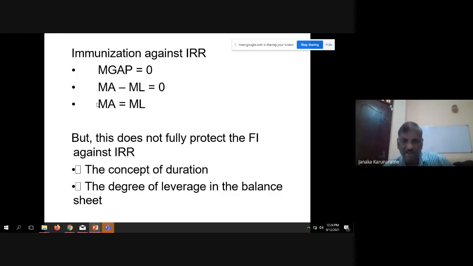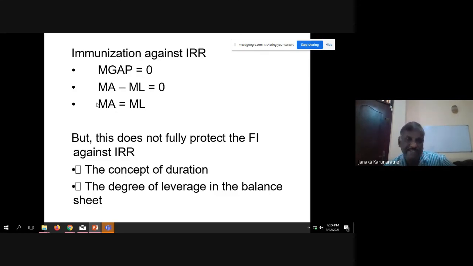But even if you can maintain MA equal ML, that will not happen. But at least you are 99% safe. But the problem is, practically it's not possible to make MA equal ML. Very difficult. As a banker, I don't think most of you are bankers, you can make maturity of assets equal maturity of liabilities all the time.